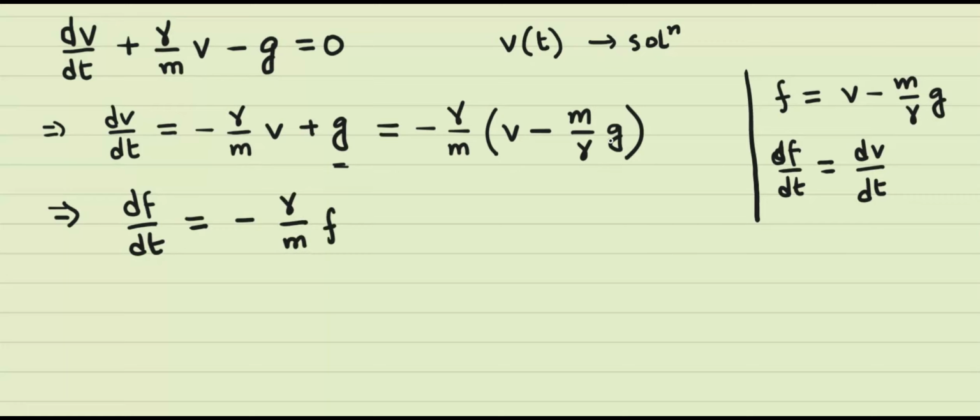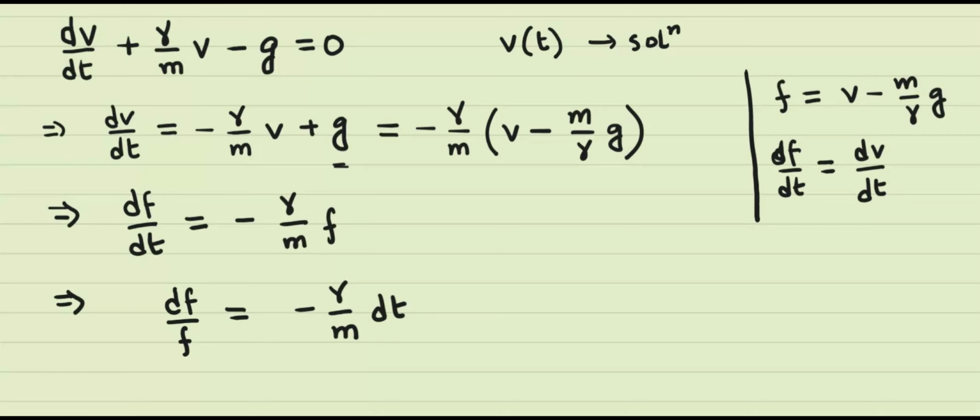So now we can write the corresponding equation in terms of the differentials, right? So we can write df over f equals negative gamma divided by m and then dt. And dt and df are differentials.